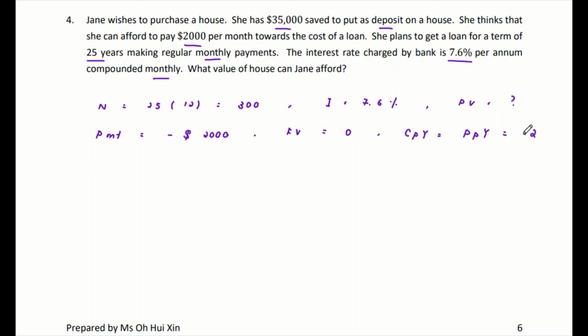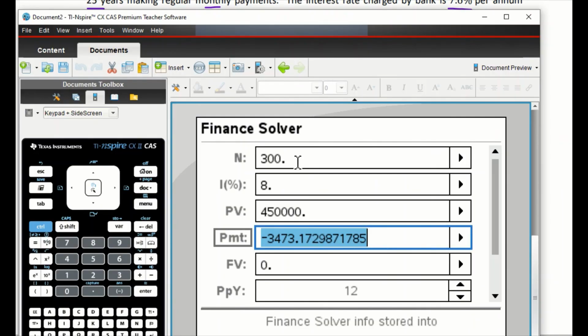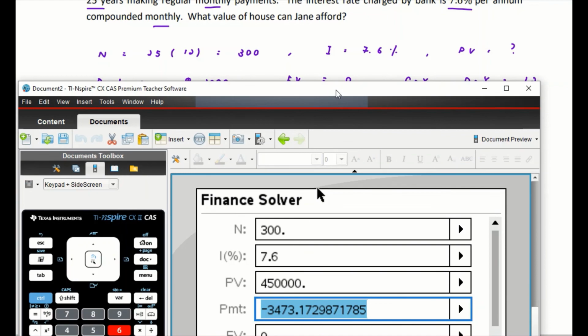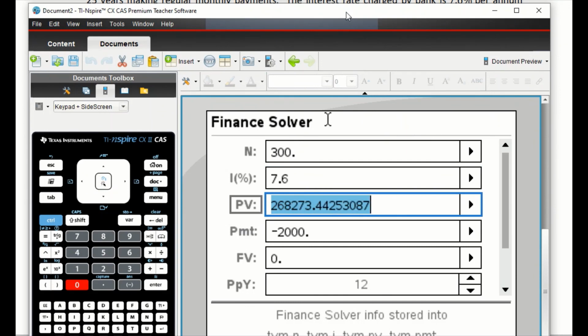Okay, so let's key in all these values in our calculator. N is 300, interest rate 7.6, PV is what we want to find, PMT negative 2000, FV 0, then 12. Just go back, then PV. You'll get your answer in positive because that's the value that you want to borrow.